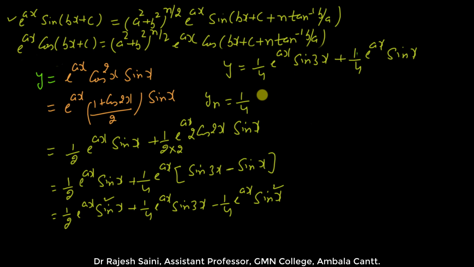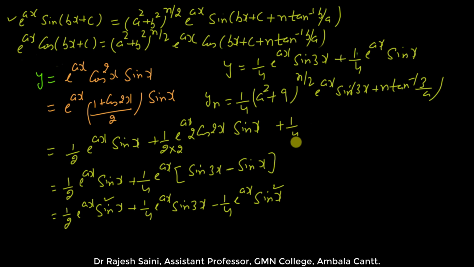Coefficient of x here is a, this will be a square plus coefficient of x is 3, that will be 9, n by 2, e raised to the power ax as such, sine 3x as such plus n times tan inverse 3 by a, fine, plus 1 by 4 a square plus 1 square is 1, n by 2, e raised to the power ax as such, sine x plus n times tan inverse, coefficient of x is 1, 1 by a, fine.